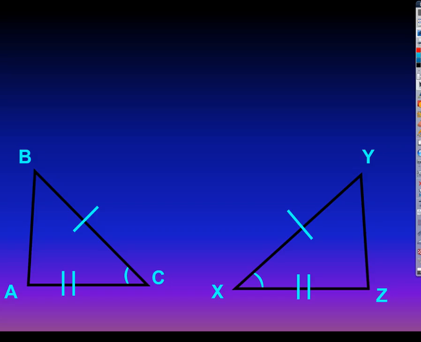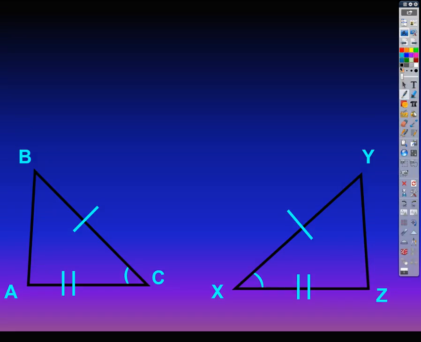Because if you look at the order, if I'm walking around the edge of the triangle, I've got side, angle, side in the left triangle congruent to side, angle, side. So it would have been different if this angle had been up here. It wouldn't have worked because then it would have been different. See what I'm saying? Let me draw it rather than talking about it. So what if we had this triangle instead?